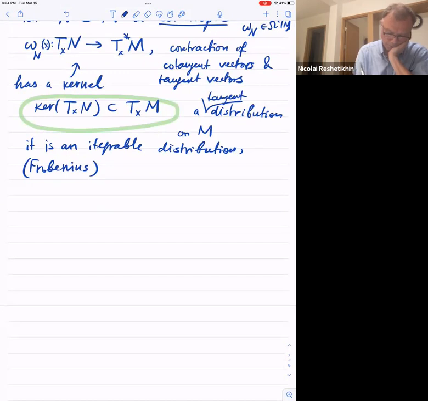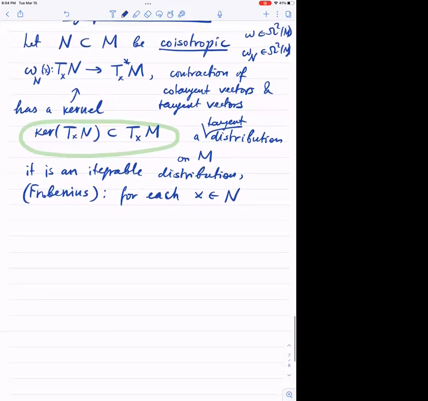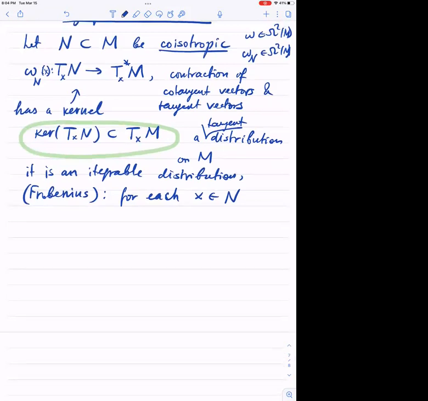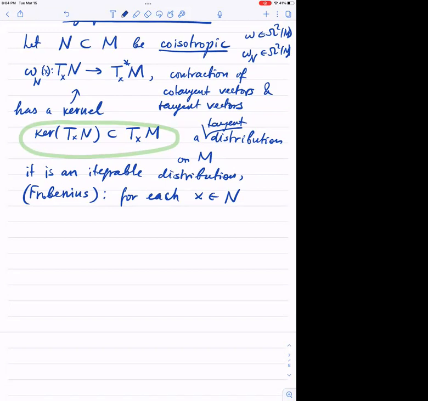So, for each x, just wanted to check. The contraction map, should it be using omega instead of omega N? Maybe it doesn't make much of a difference. Sorry, what did you say? Should the omega N be omega?